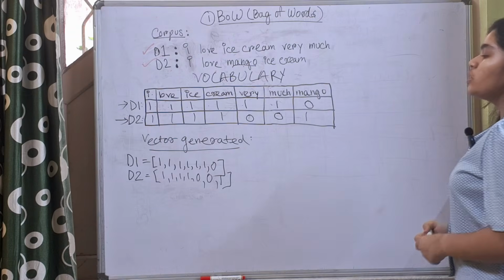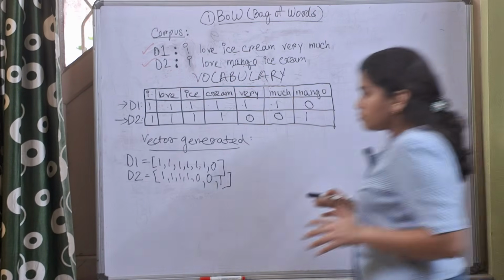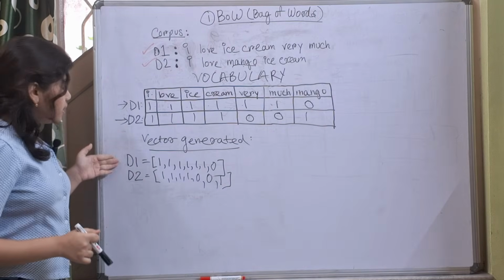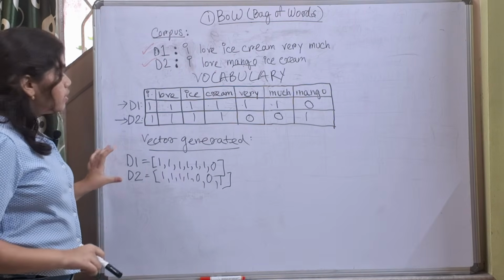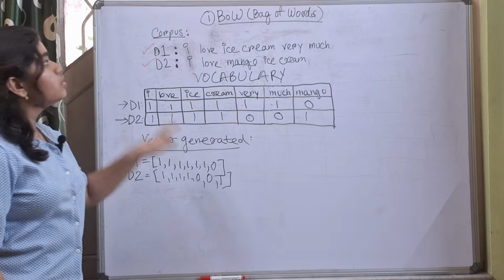So this is the vector that we have generated for document 1 and document 2, right? And this vector we are going to give to our machine learning models.